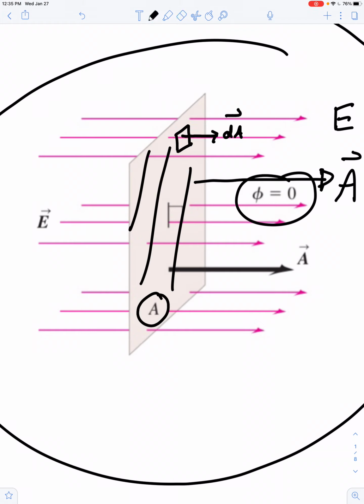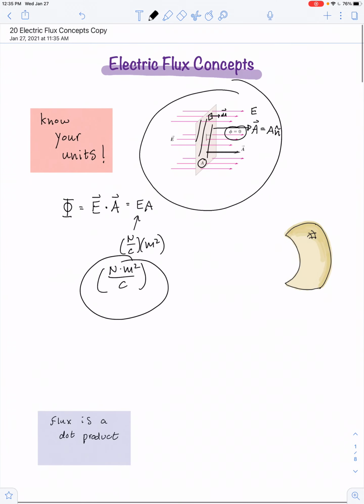The amount of flux through that little bit of area would be d flux, and that would be equal to the electric field dot product with just that little bit of area vector. So total flux could be found by breaking up the total area into a bunch of pixelated bits of area, and adding it all up.